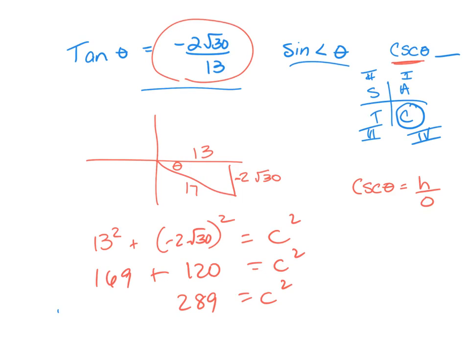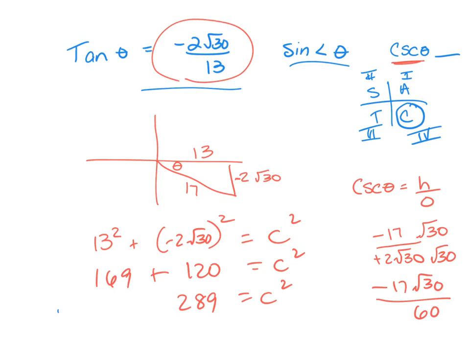So cosecant is hypotenuse over opposite. Got it? I like the negative on top, so I'm going to multiply by root 30 over root 30. So we get negative 17 root 30 over 60 is what I think the answer is.